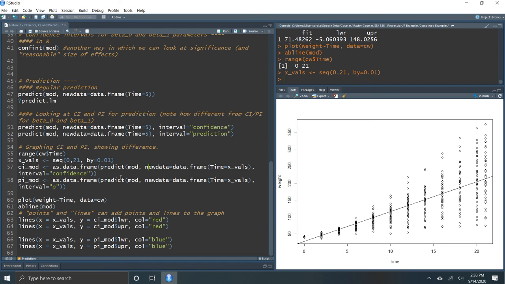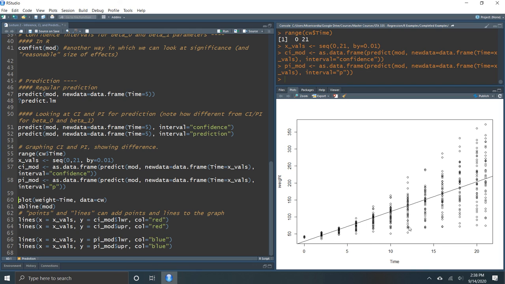Now I'm going to calculate the confidence interval for the model. I'm going to predict at all of those x values. So I'm going to have the time be every single one of those 2,100 x values, and I'm going to predict a confidence interval. So this is all of my confidence intervals for each one of those x values, and I'm eventually going to plot that. And this is the prediction interval for each one of those x values, and I'm eventually going to plot that too.